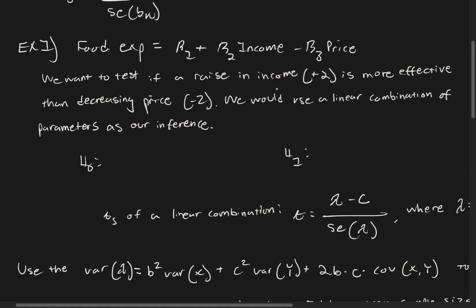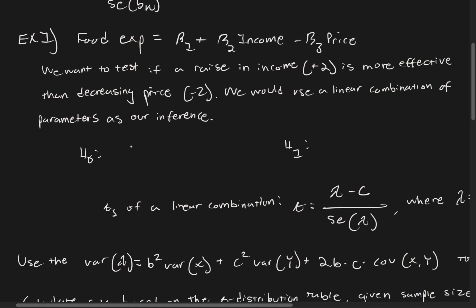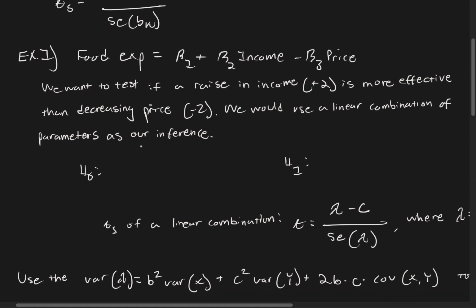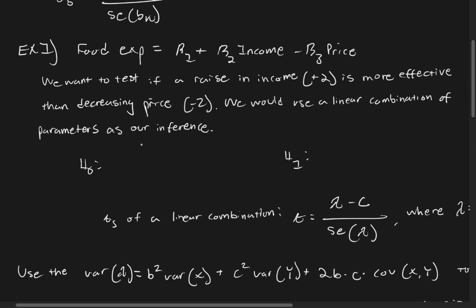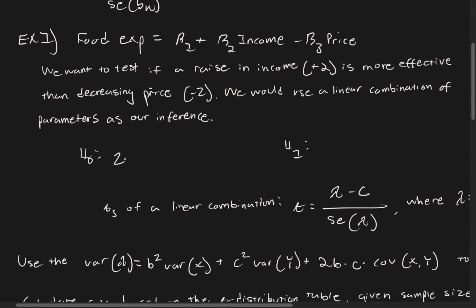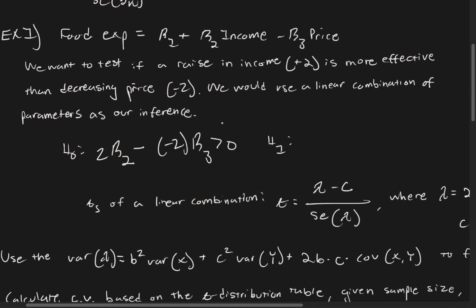All right, so our null hypothesis in this case would be 2 beta 2 minus 2 beta 3 is greater than 0, because again, if this is greater than 0, that means a +2 increase in income is greater than a -2 decrease in price, beta 3.